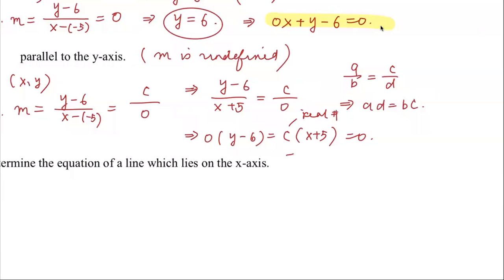So this whole thing will just become x plus 5 is equal to 0. Okay, and this is just x plus 0y plus 5 is equal to 0. So this is the standard form. Okay, this is the standard form of the equation.